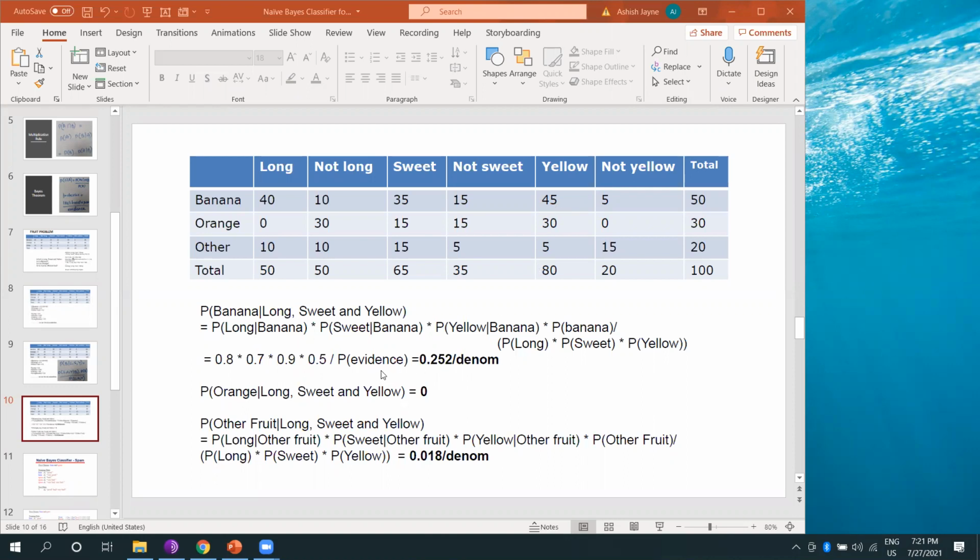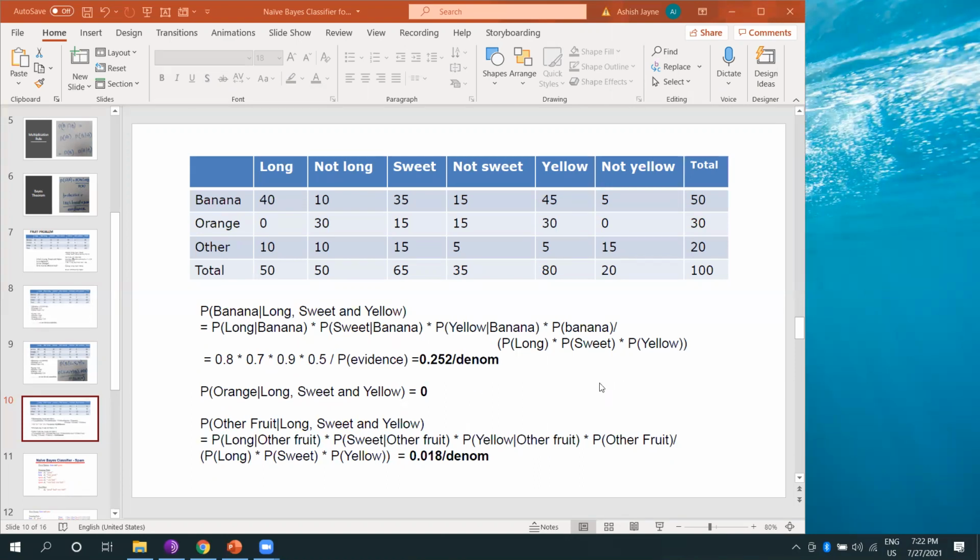I think there is a mistake in this slide over here. Okay, P(yellow | banana) is 0.9 and P(banana) is 0.5. So this comes out to be 0.252 given the denominator.